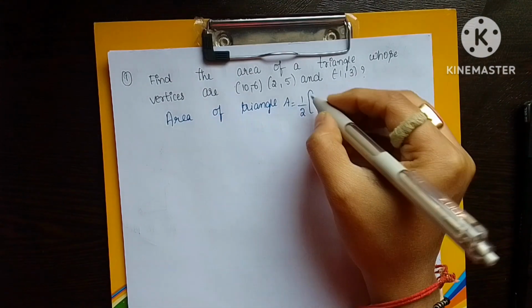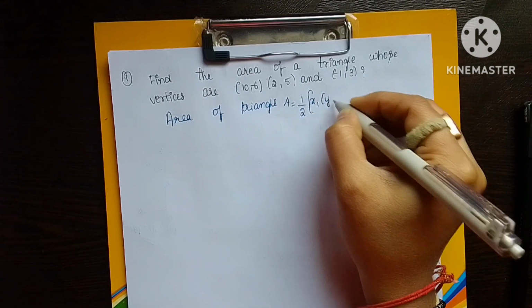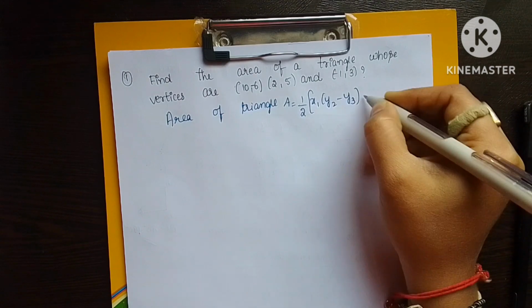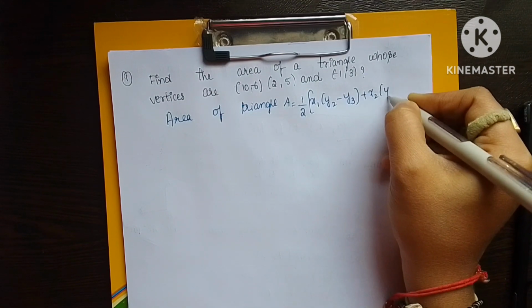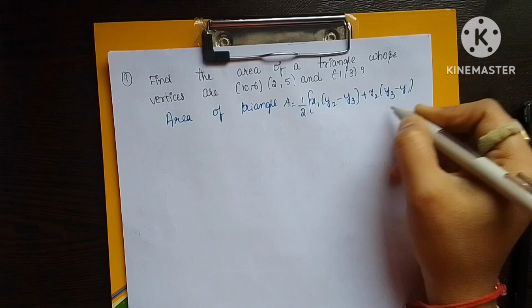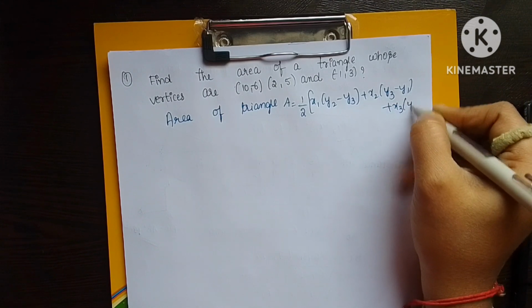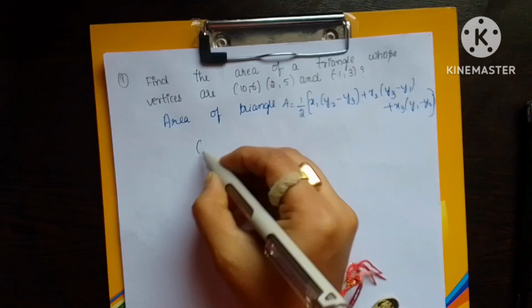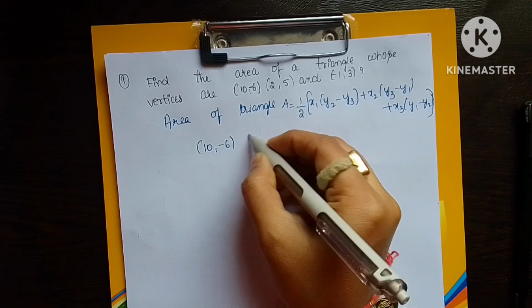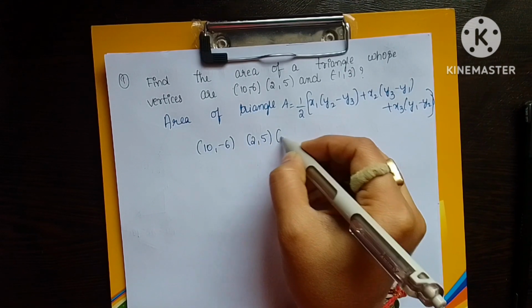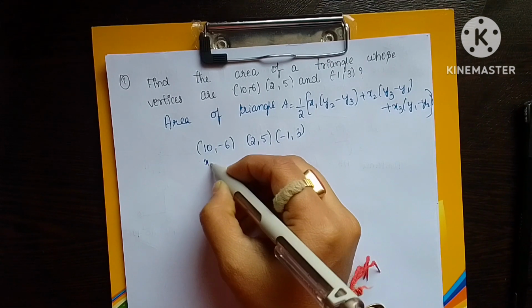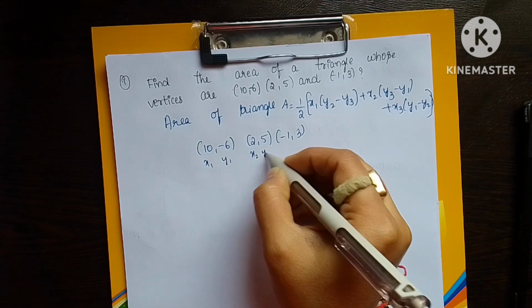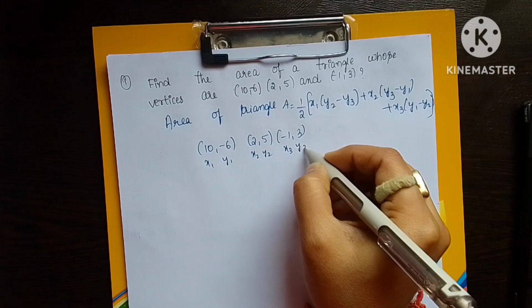the formula is x1 into y2 minus y3 plus x2 into y3 minus y1 plus x3 into y1 minus y2. The points are 10 comma minus 6, 2 comma 5, and minus 1 comma 3: x1 y1, x2 y2, x3 y3.